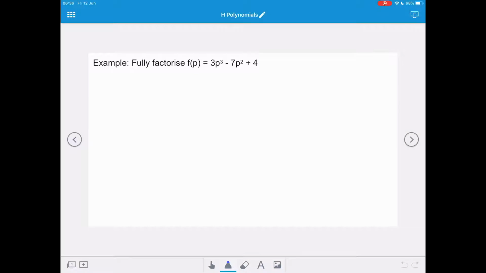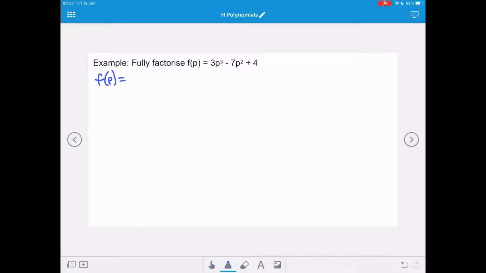So in our next example, we want to fully factorize f of p equals 3p cubed minus 7p squared plus 4. Now, first of all, we have a missing power, our p to the power of 1, so we need to rewrite this in descending powers of p, including them all.